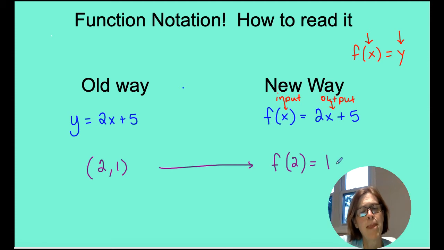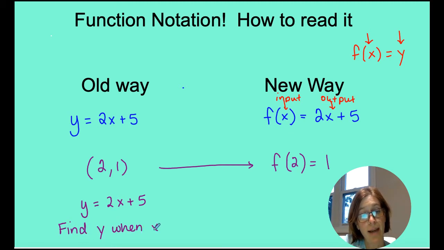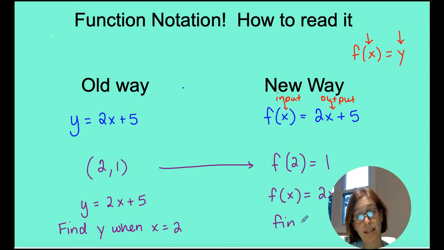Okay? Now, what if I was asking a question and I said, okay, y equals 2x plus 5, find y when x equals 2. Well, now I would say f of x equals 2x plus 5, find f at 2.